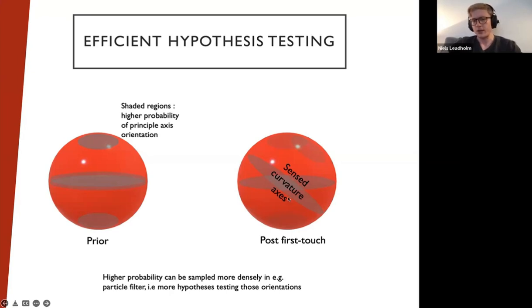But then you get a sensed curvature feature, which has the principal curvatures oriented like this. That gives you some low evidence that the principal axis might actually be oriented like that, or around that equator. And then you just update your sampling based on that.